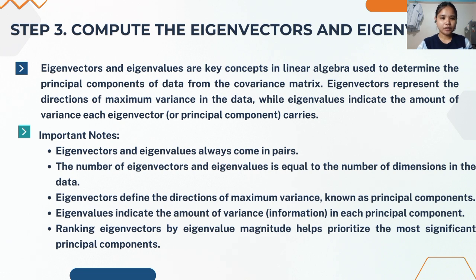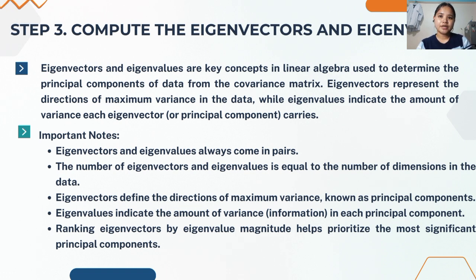In computing eigenvectors, we need to consider the following. First, eigenvectors and eigenvalues always come in pairs, so each eigenvalue has a corresponding eigenvector. The second one is that the number of eigenvectors and eigenvalues is equal to the number of dimensions in the data.